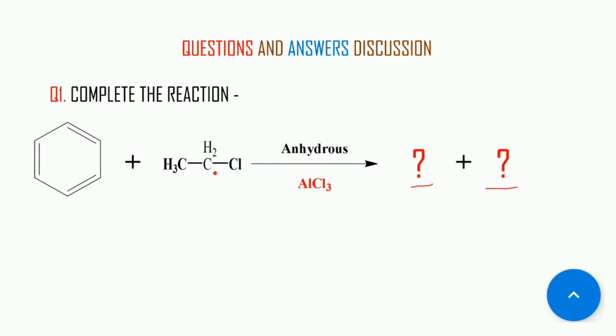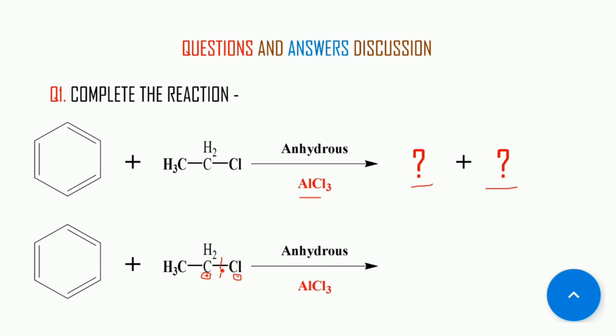So as we know, here is our reactant. So we just write benzene plus our reactant. We know fusion takes place. After that this bond breaks and we get our electrophile and nucleophile. The nucleophile will be captured by AlCl₃.